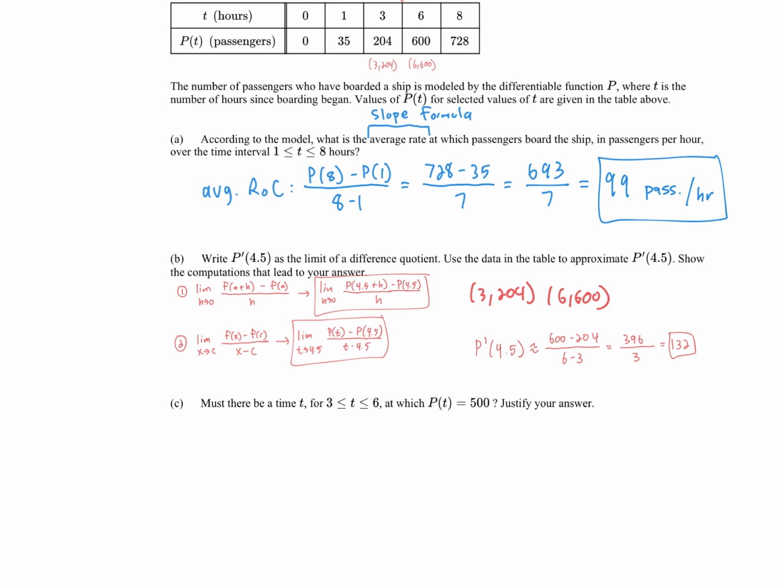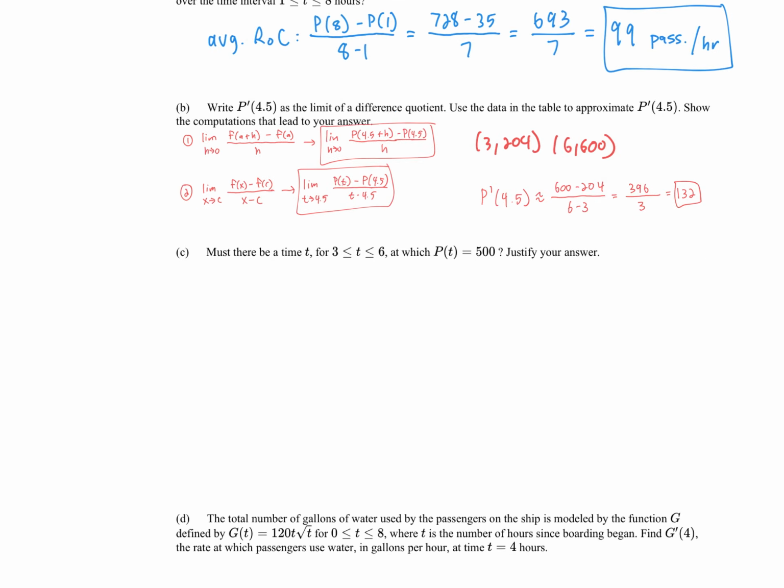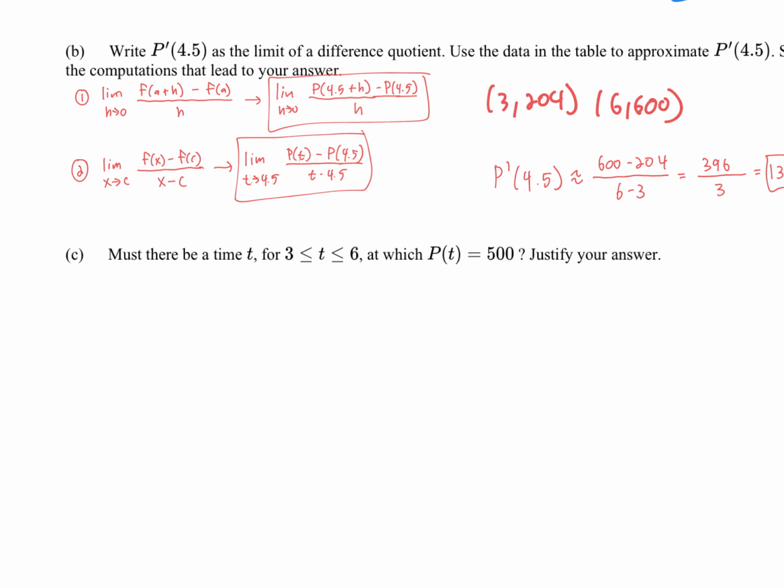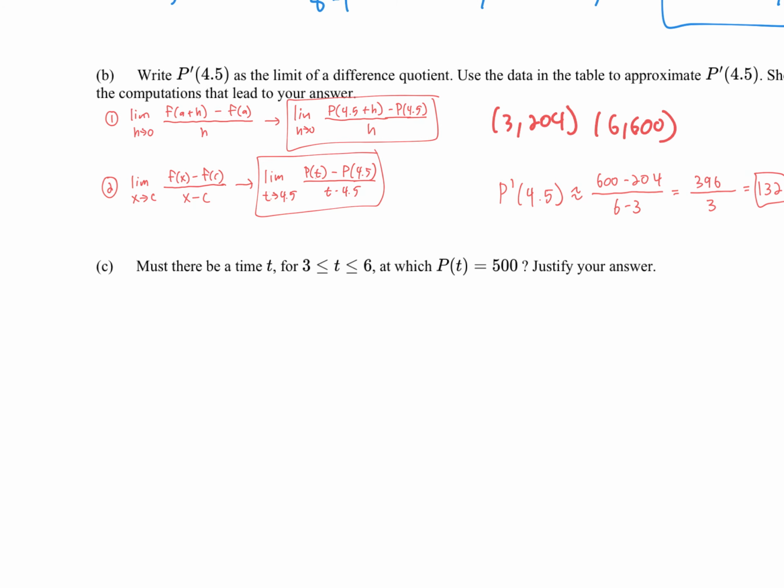Part C says, must there be a time t for t between 3 and 6, at which p of t equals 500? Hopefully you recognize this as an intermediate value theorem question.